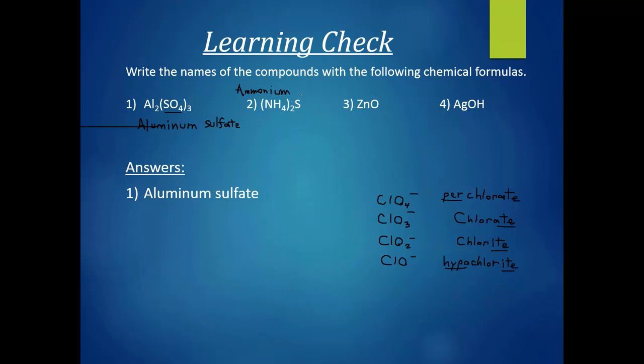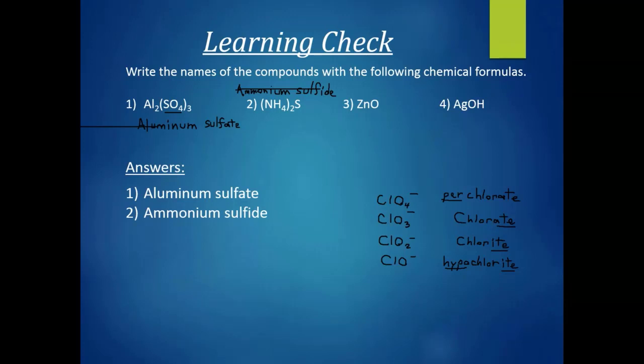And then what's the S? If it's just a sulfur, but it's an ion, what's that called? Sulfide. Ammonium sulfide. That's good. Your intuition's kicking in.